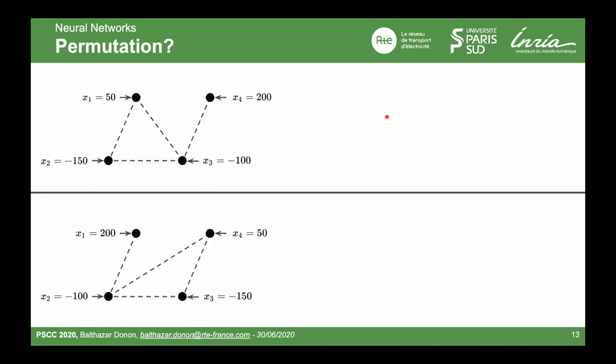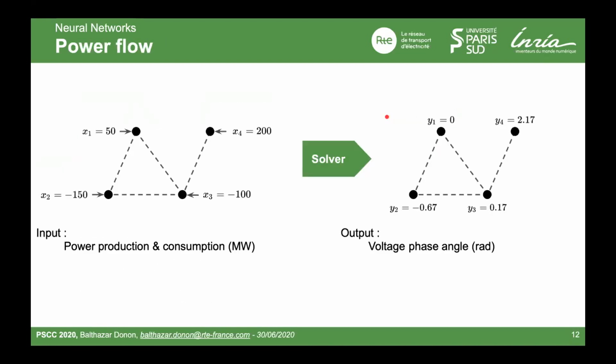Now let's say that you use a lot of data to train your neural network. You will have all the components of x vary sufficiently so that your neural network will see a wide variety of situations. And your neural network will get really good at predicting the voltage phase angle.